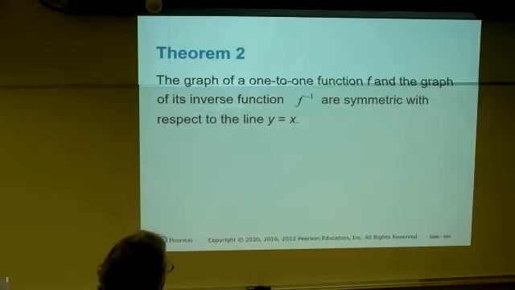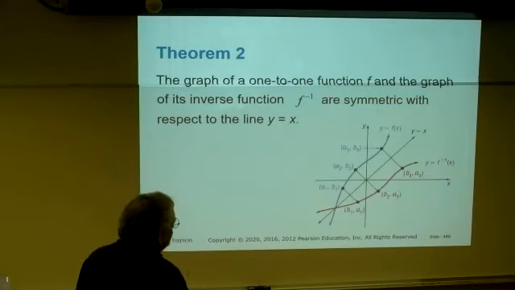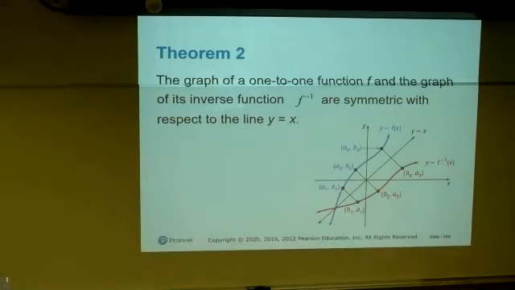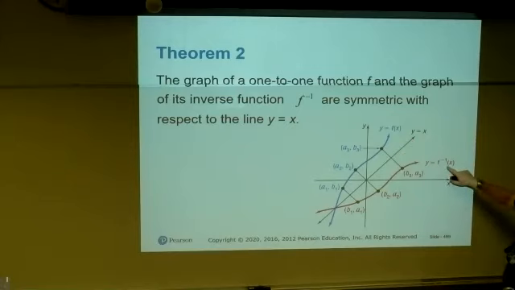The graph of a one-to-one function and the graph of its inverse are symmetric with respect to the line y equals x. And here's an example. Notice the points on f of x, and notice the points on f inverse.